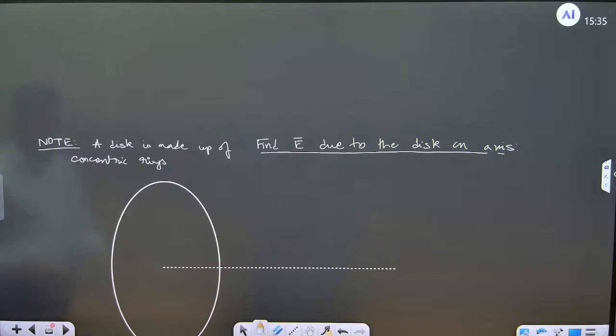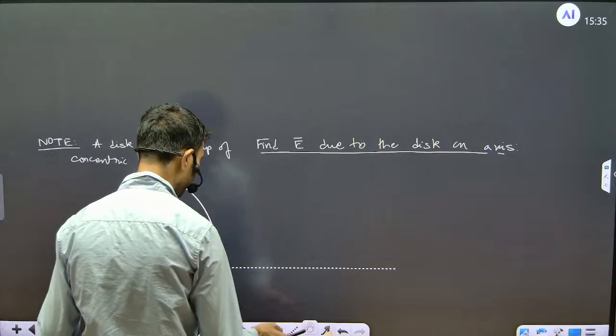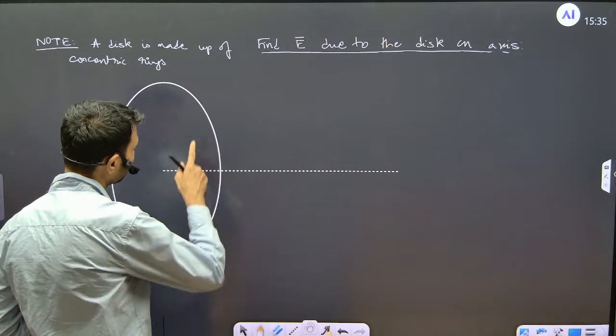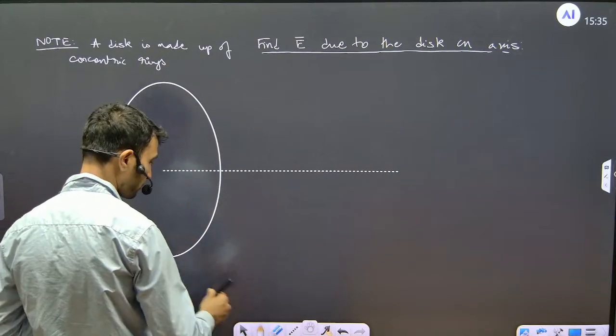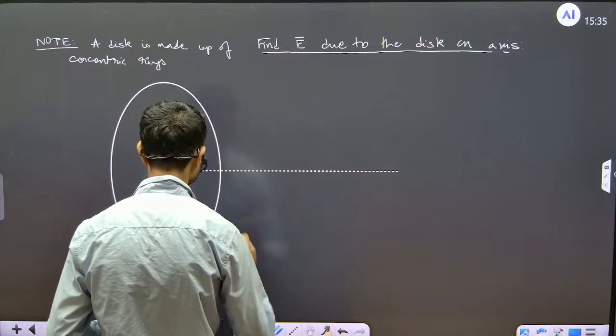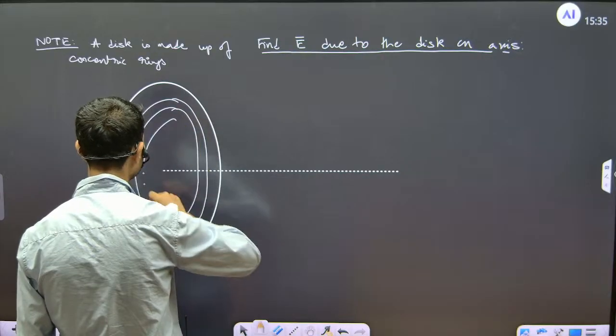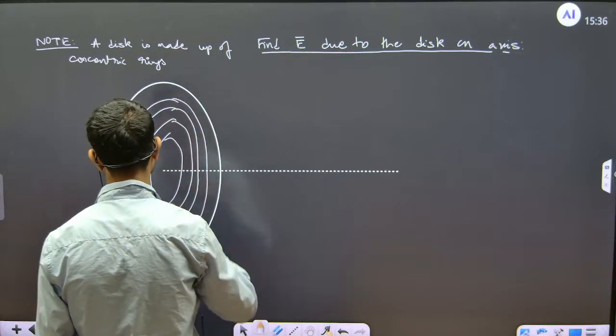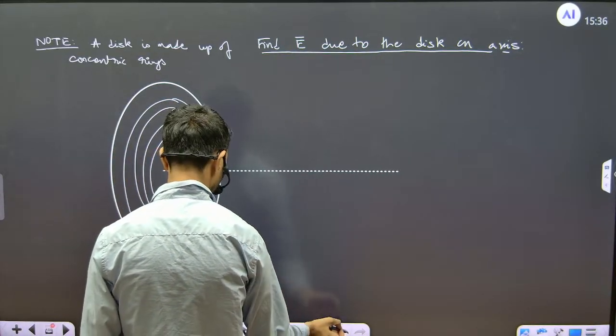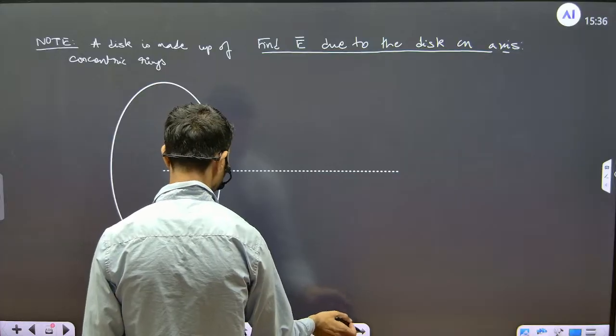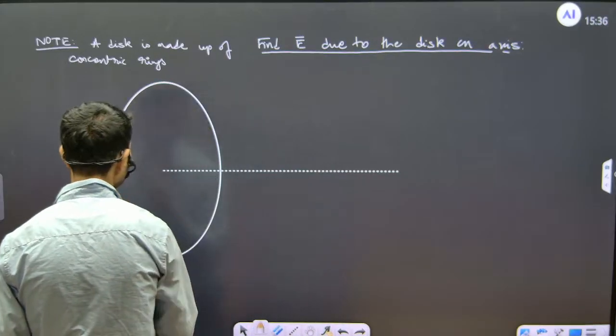Right. So my point is this, that this disk is made up of rings. Like there'll be one ring here, one ring here, right? So all these rings together make up this disk, right? That's my point. So I hope all of you understand that part. Okay.